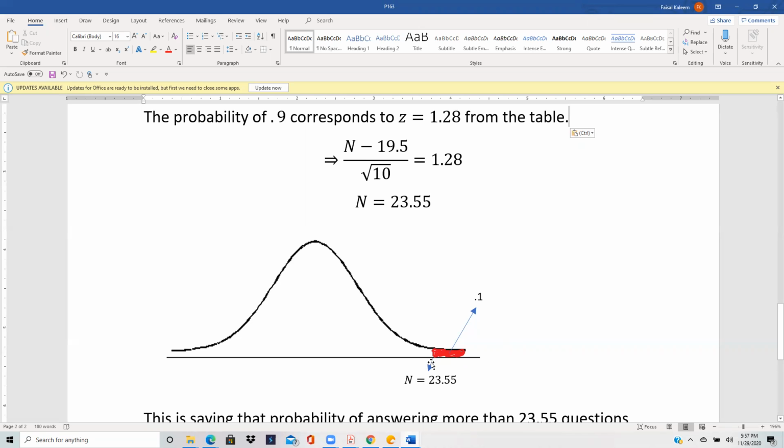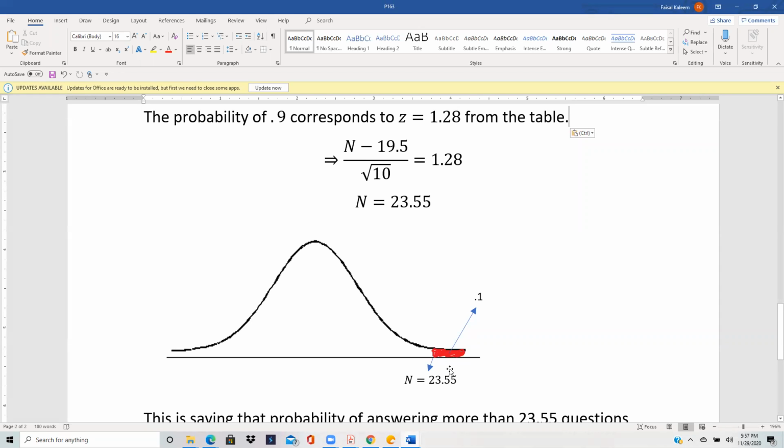So now if I go less, let's say n is 23, which would be on the left side, so I will pick up a greater probability than 0.1. But if n is 24, which is into the red area, then I'll pick up a lesser probability than 0.1.